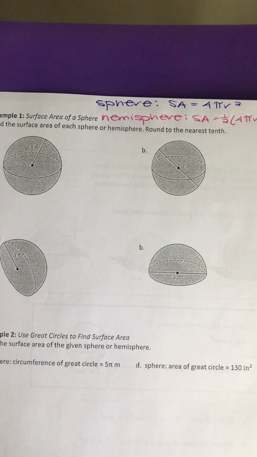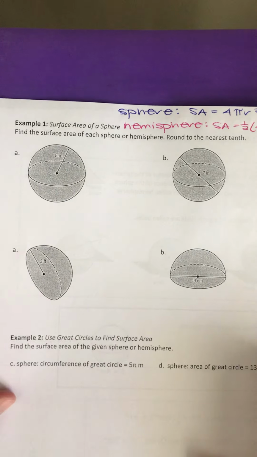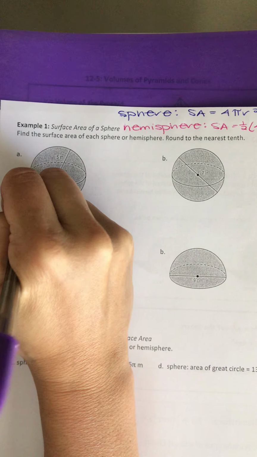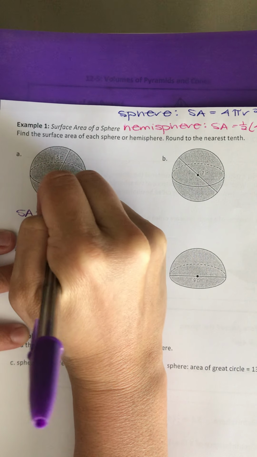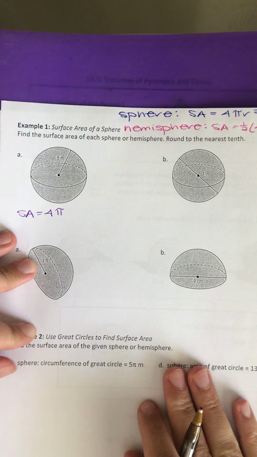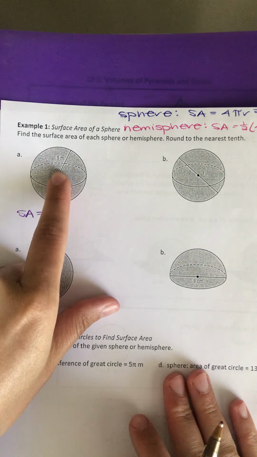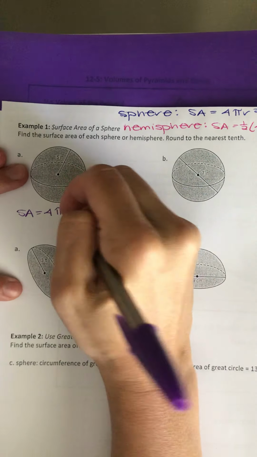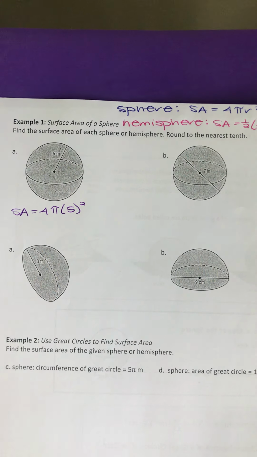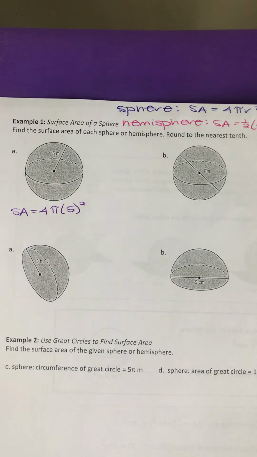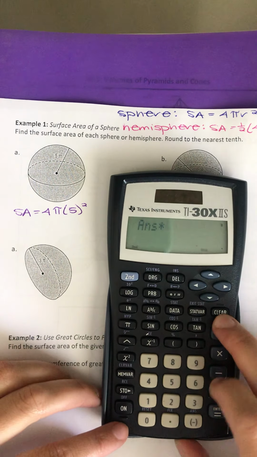So the first one, and if you notice, we only have one variable to plug in, and it's r, our radius. So our first formula, surface area equals 4 pi. My radius, I know it's a little hard to see here, is 5, squared.